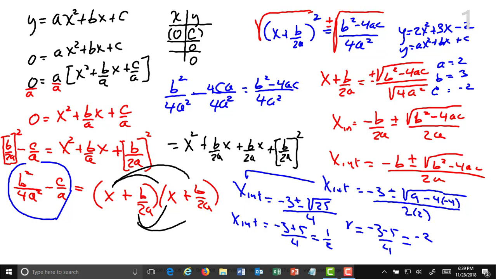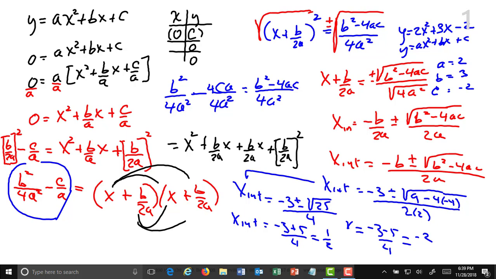Is that cool or what? Do you have a good feeling for that? What's required here? Some algebra is required, right? Because you have to know how to use square roots, and you have to know how to factor by completing the square. You have to know how to graph, because in the end, you know what this answer is?